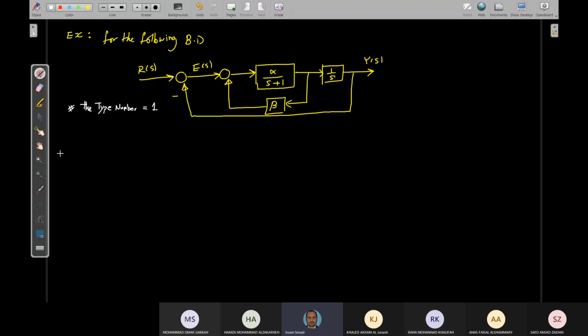Now, who can give me KP equal to what? KV equal to what? KA equal to what? KP, KV, KA: position error constant, velocity error constant, and acceleration error constant.